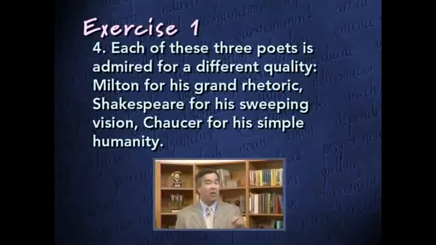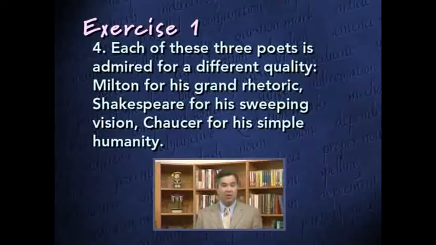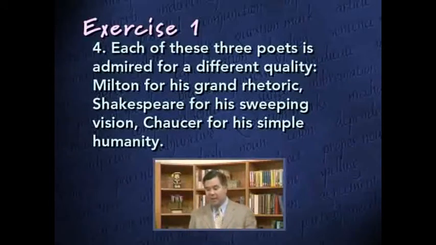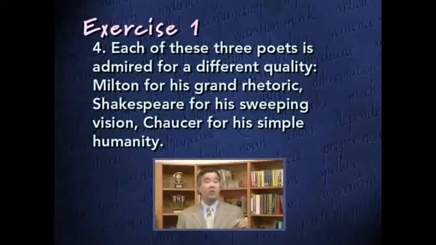And in each case, what follows is a prepositional phrase that describes the quality for which that poet is noted. And in fact, the parallelism goes even further than that. Within the prepositional phrase, the author has been careful to follow the same grammatical setup, that is, by ending the prepositional phrase with an adjective and a noun: grand, rhetoric; sweeping, vision; simple, humanity.